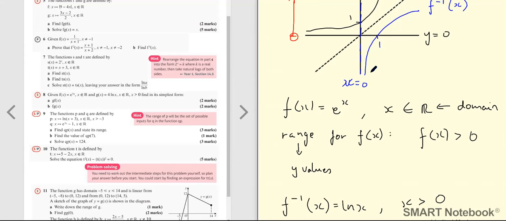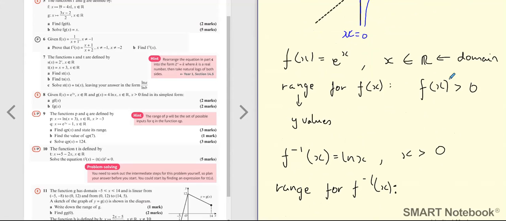You can see that it goes to minus infinity down here and it will keep on climbing forever. So we can say f minus 1 of x can be any real number. Does that make sense? Are we happy with that?